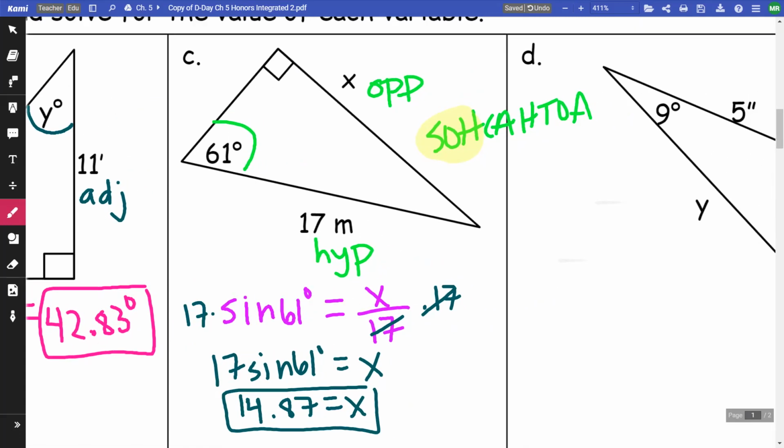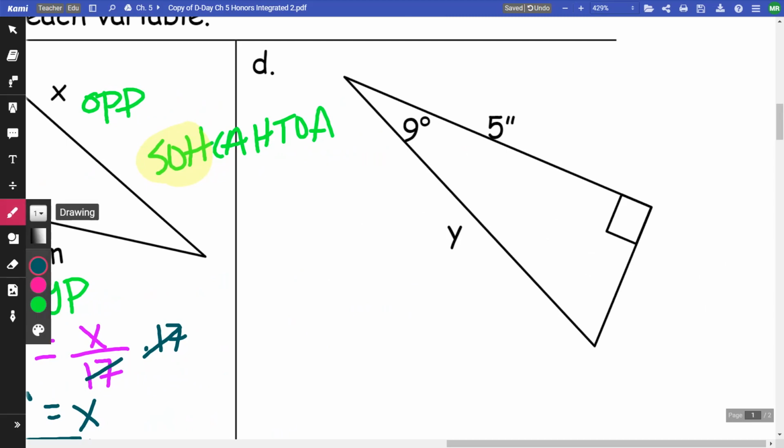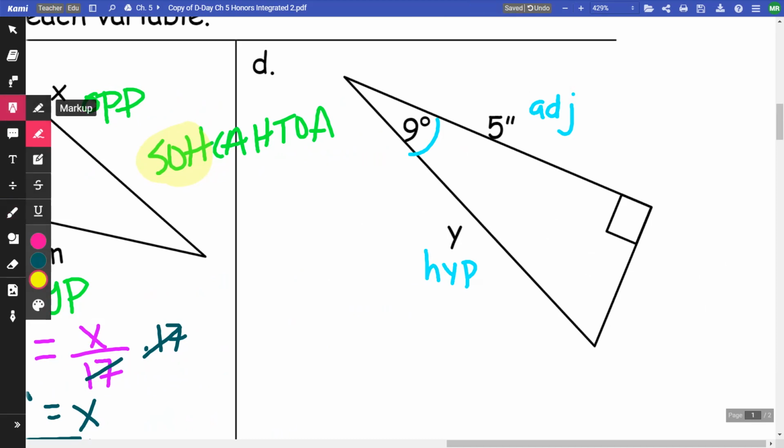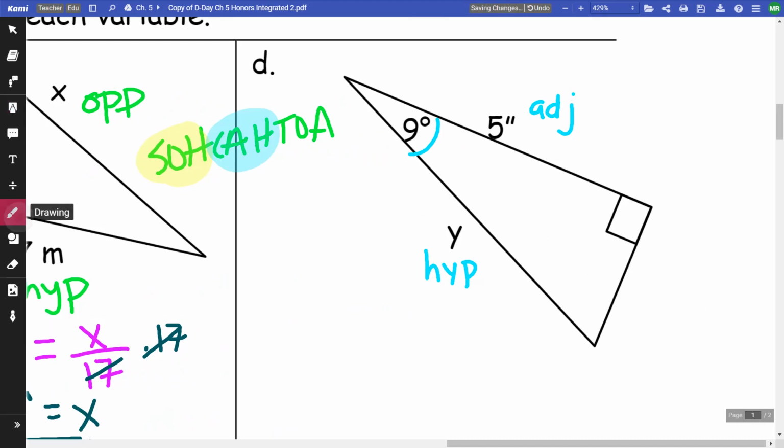On letter D, when I'm looking at this one, here is 9 degrees. This 5 is going to be adjacent. This y is going to be hypotenuse. So I am dealing with cosine. So I'm going to do cosine of 9 degrees is equal to adjacent, which is 5, over hypotenuse, which is y. I'm going to multiply this side by y and this side by y.